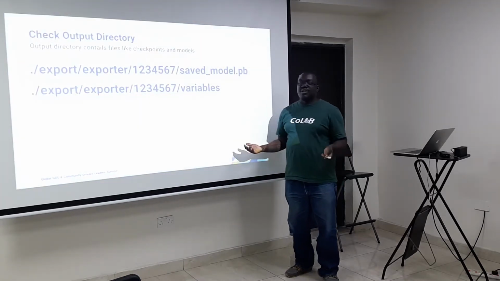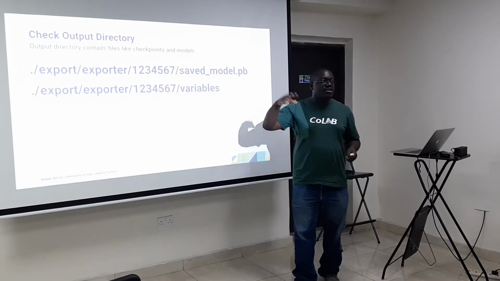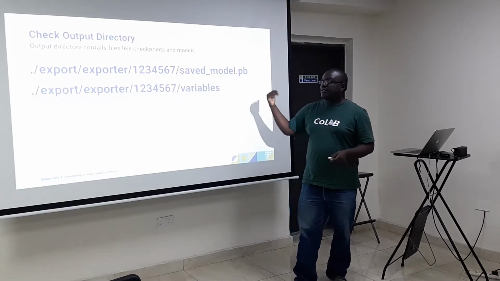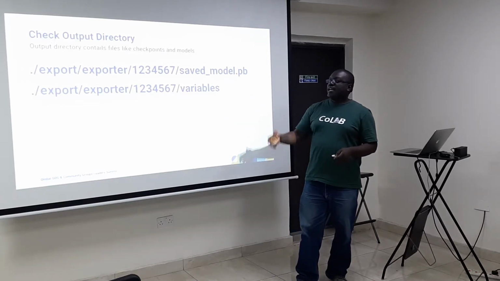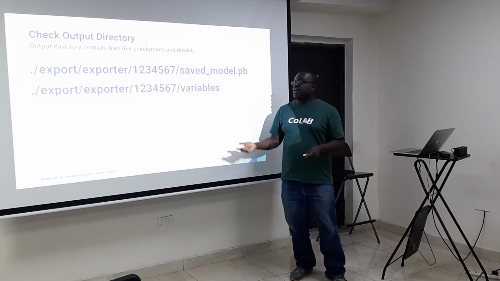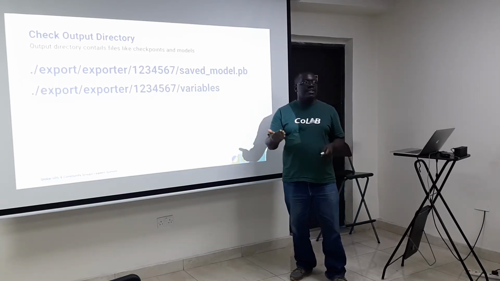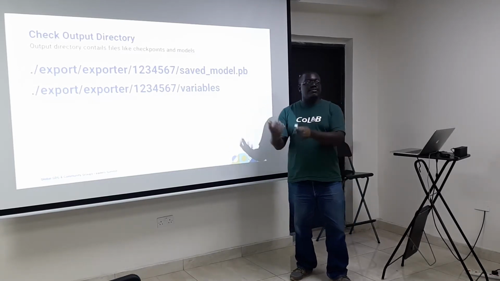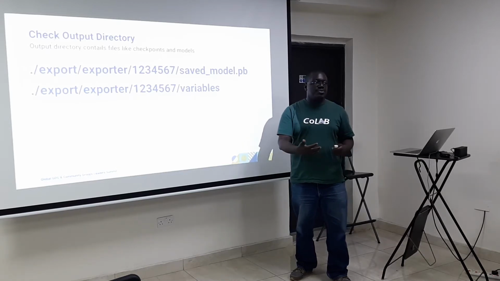And once we're done, all we need to do is just call that function, train and evaluate. And because we specified an output directory, that saved model will get put into the output directory at the end of model training.